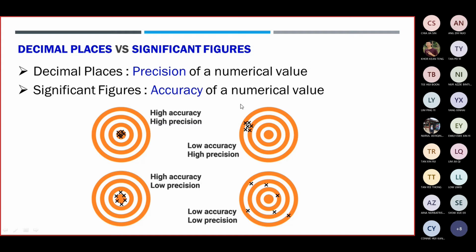It's not about accuracy. Remember, decimal places look into precision. But the significant figure is important in order to determine the accuracy. So the accuracy comes from the significant digits or significant figures.